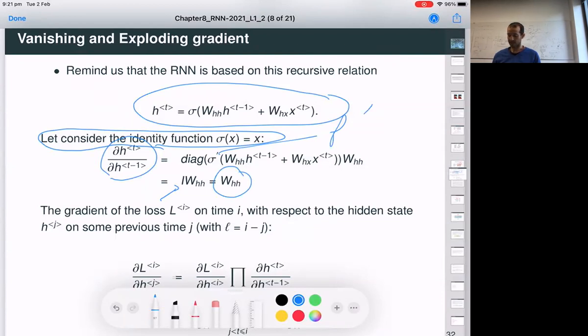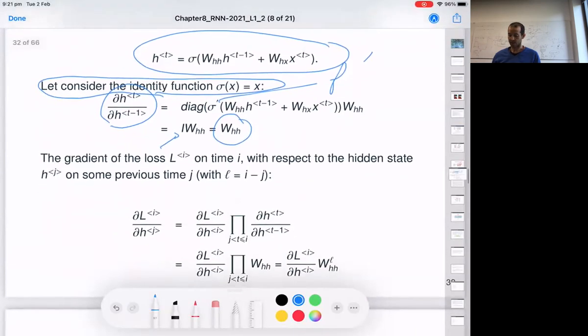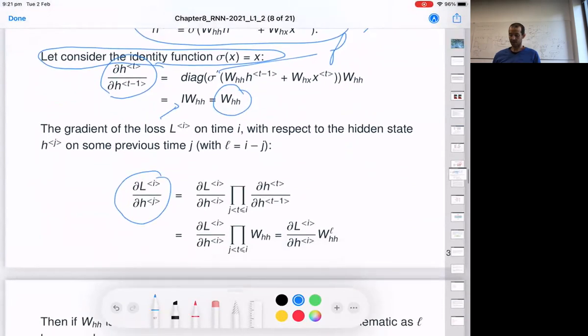So now this is for two consecutive times, t and t minus 1. Now consider that you want to compute your loss function at time i with respect to h at time j. If you do this, by applying the chain rule and with this relation, you end up with the derivative of L i with respect to h i, and with this product.